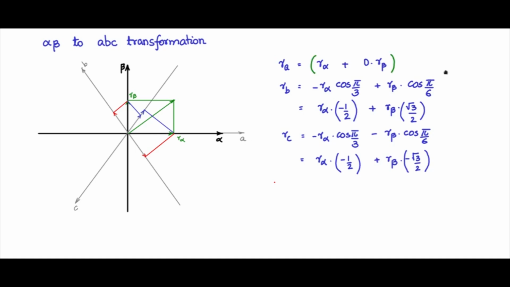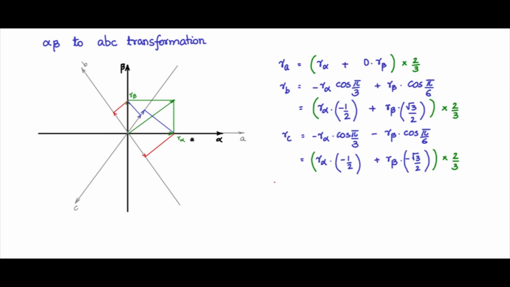To make that correction, you multiply each of the vectors by 2 by 3, to bring in that factor which comes in when you are transforming from ABC to alpha beta domain because of the algebraic addition.